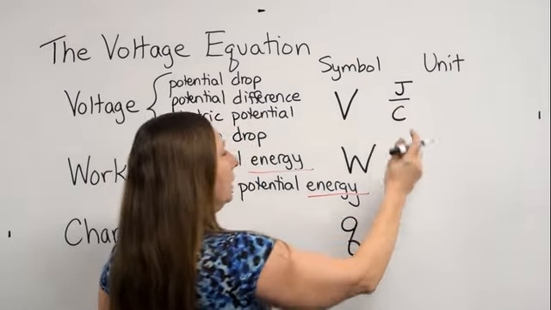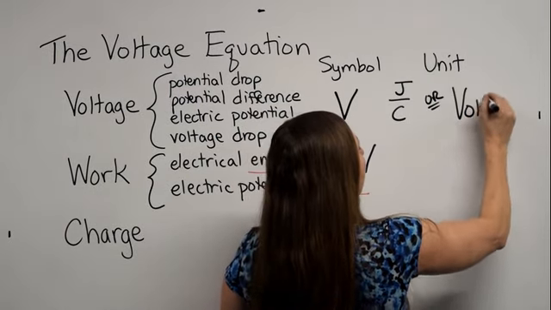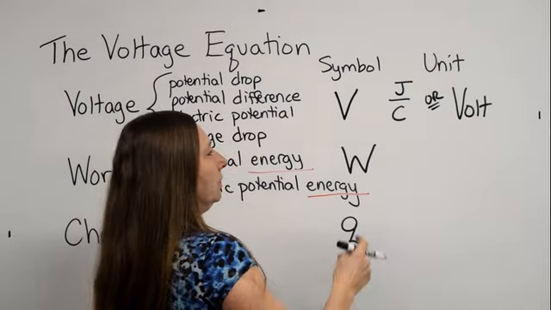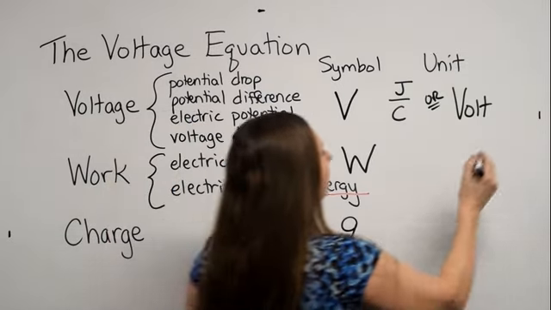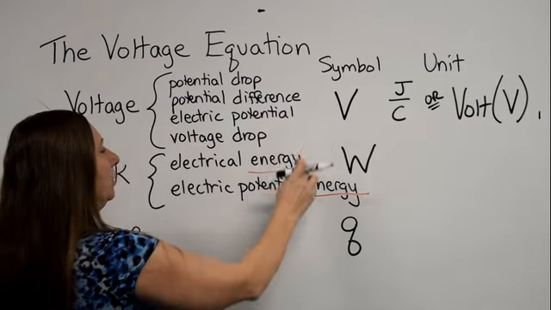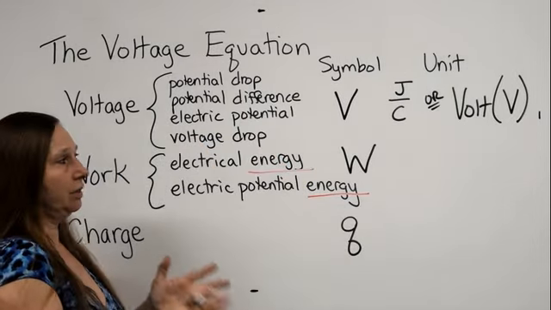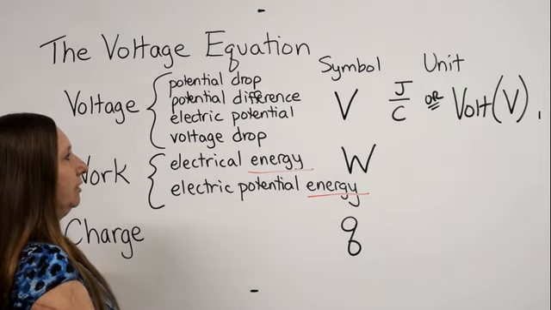Joule per coulomb is known as a volt, and the symbol for that unit is also a capital V. So the symbol for voltage and the unit volt have the same symbol. That's fairly unusual in physics.